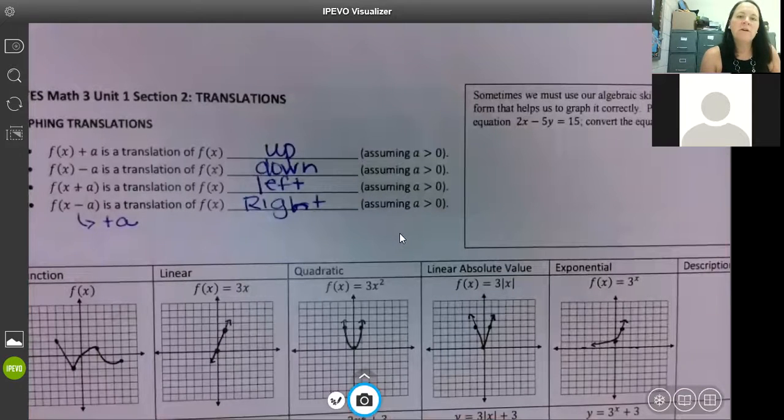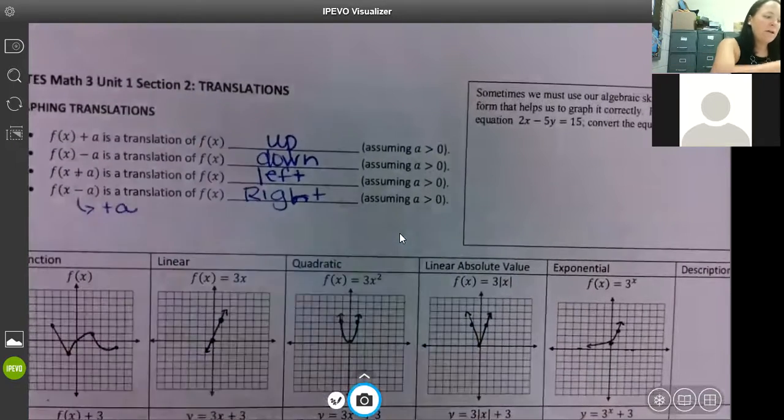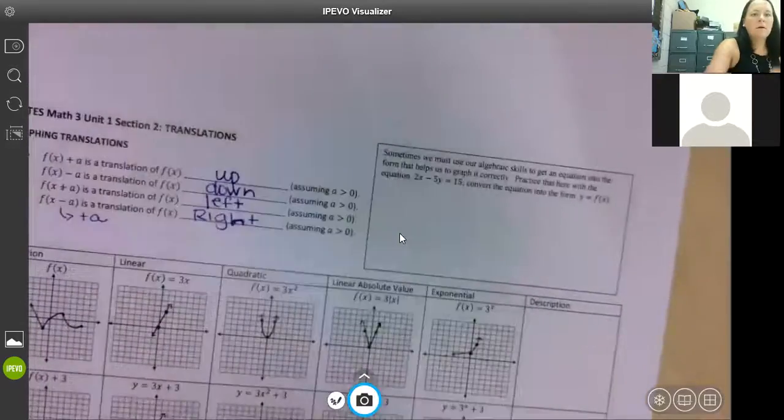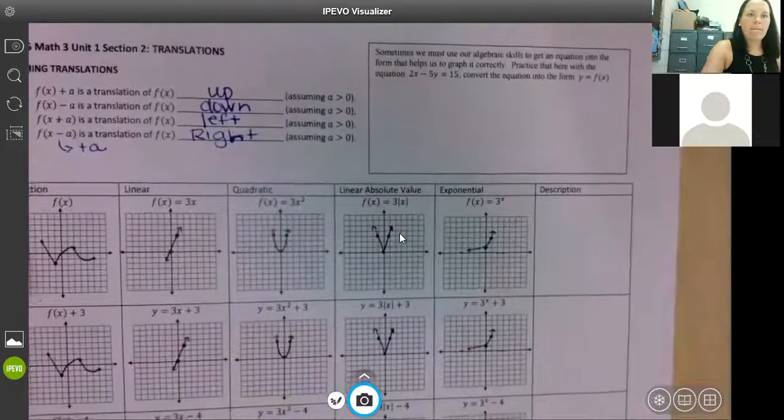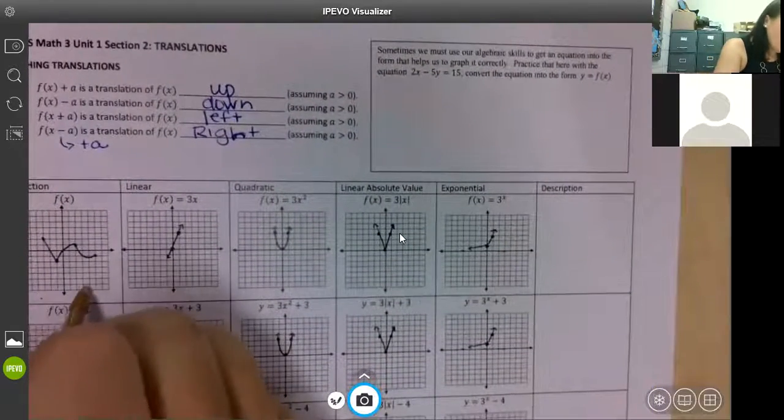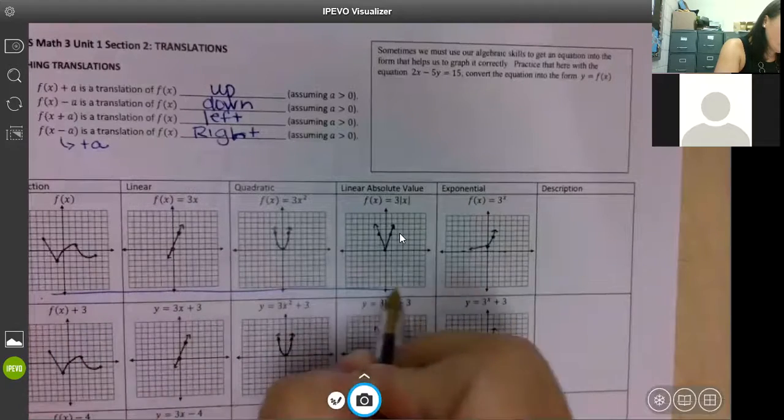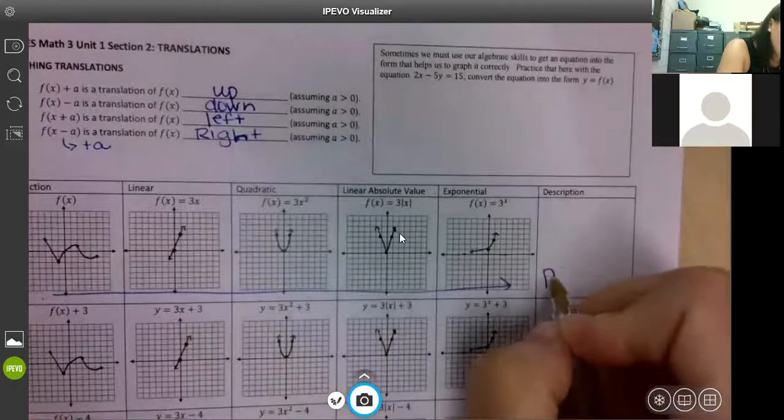Okay. So I know that doesn't quite make sense right now, but it will in just a minute. So all of these very first graphs from here over are all parent graphs.